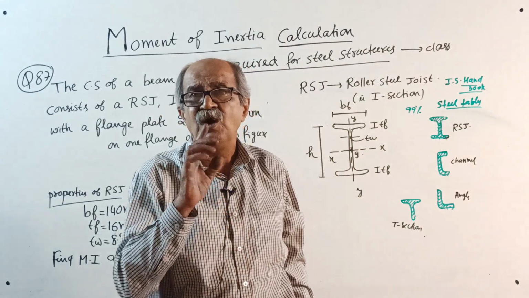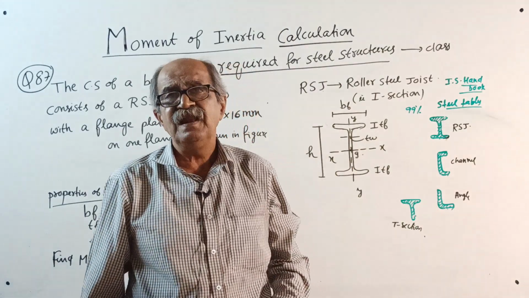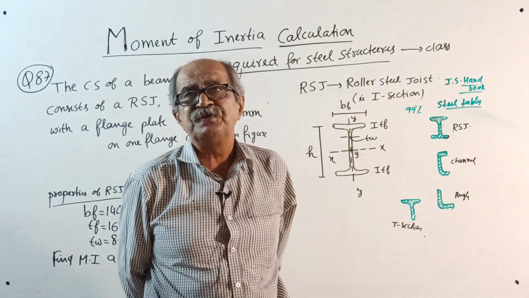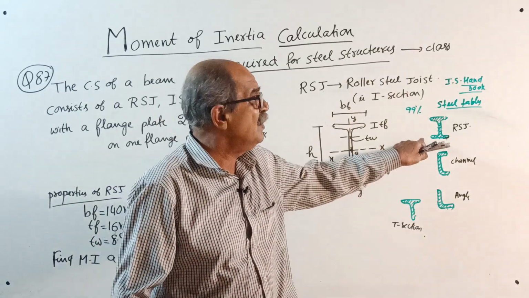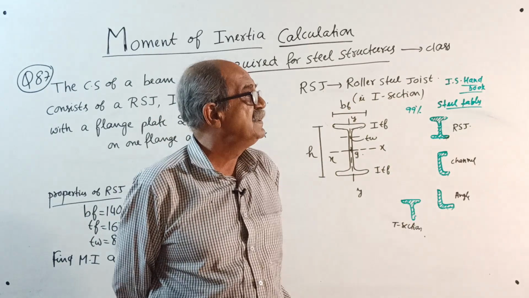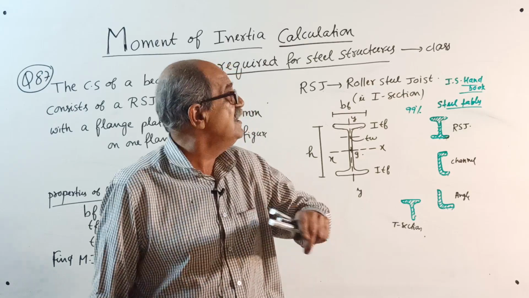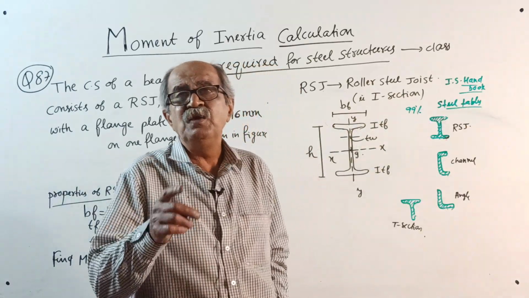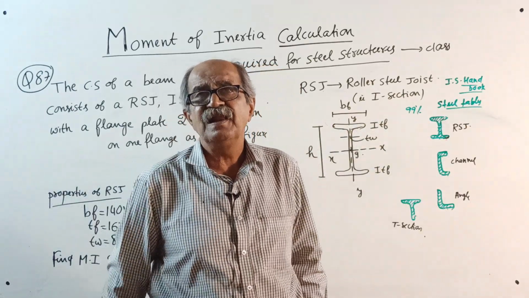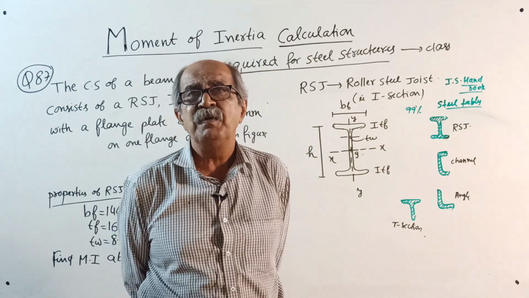Whenever symmetry is there, they will not give the location of the centroid because you can observe and locate it. But if symmetry is not there about an axis, the IS handbook will give the location of the centroid like X bar or Y bar.